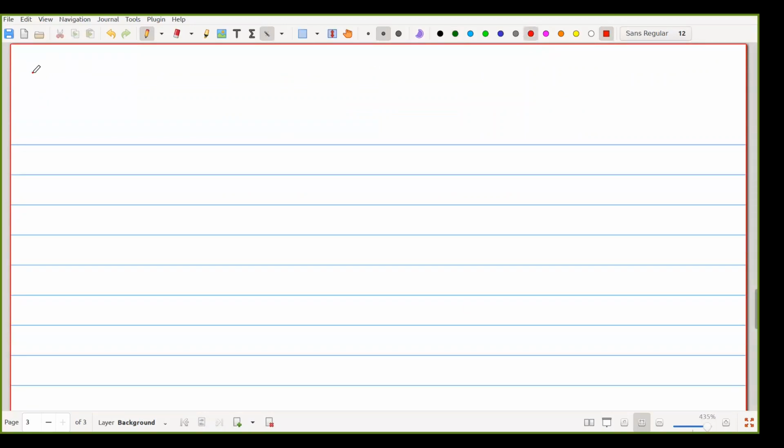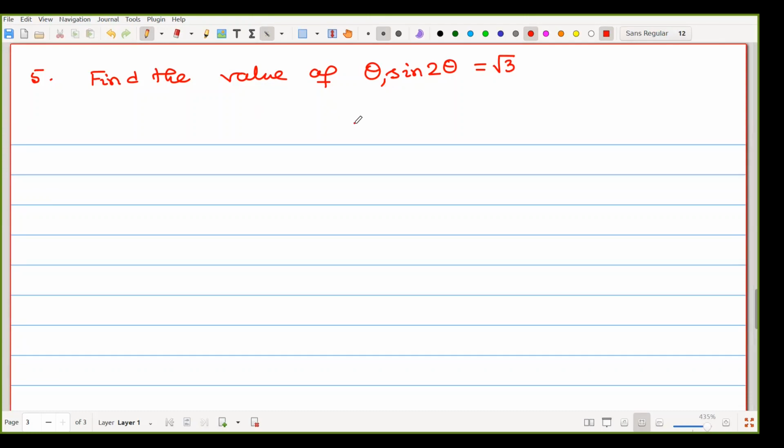Suppose the next question: find the value of theta, given sine 2 theta is equal to root 3 by 2.